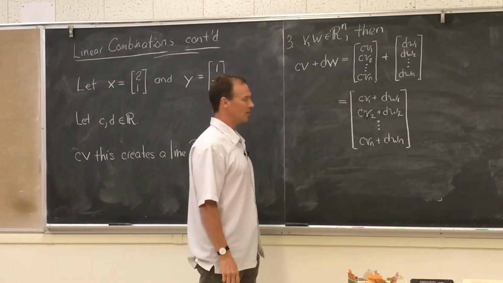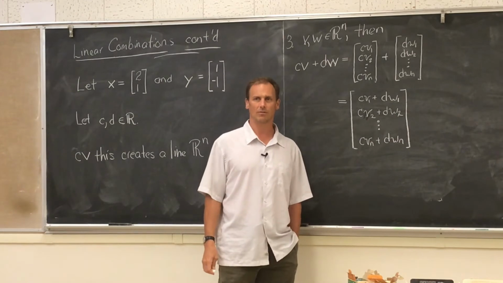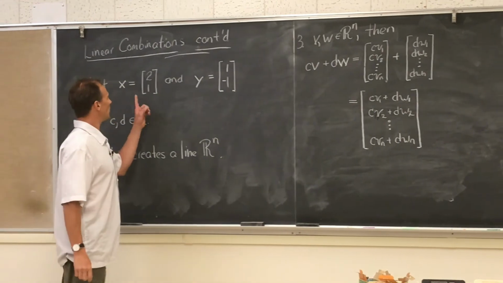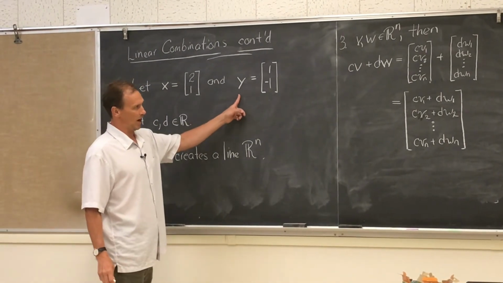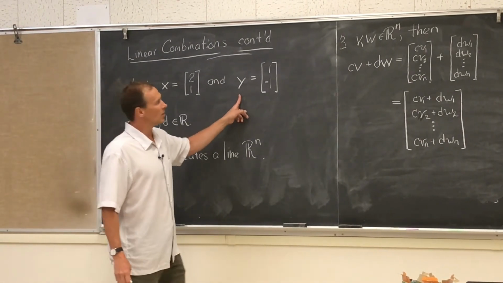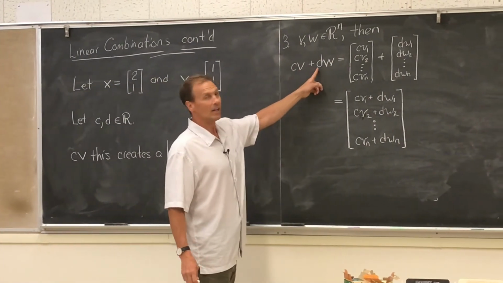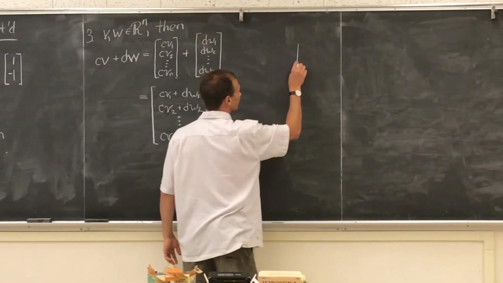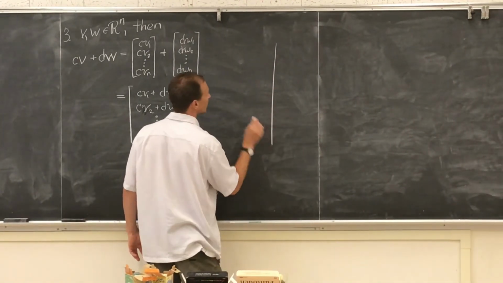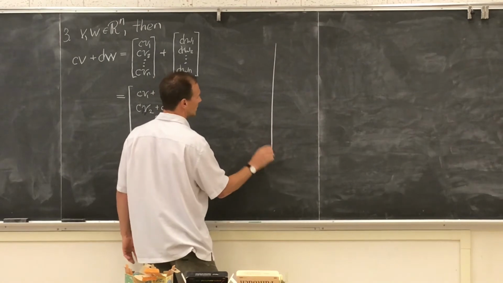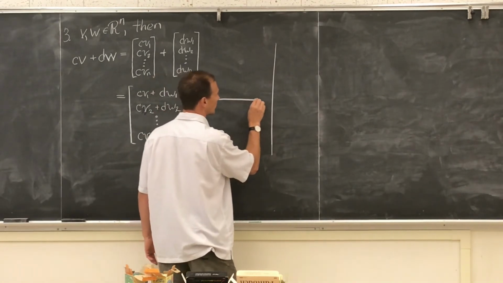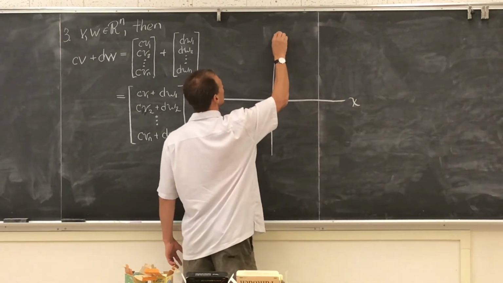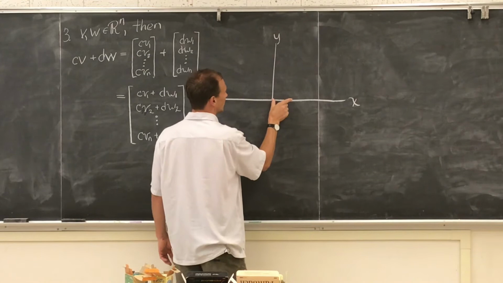And what we want to do is see what do we create when we have two vectors that we can add together. So let's come back, and we're going to draw x and y, and then we're going to play with changing c and d. So I'm going to come over here, and let's make our graph fairly large. So here's my x-axis, and here's my y-axis, and let's just mark these off.